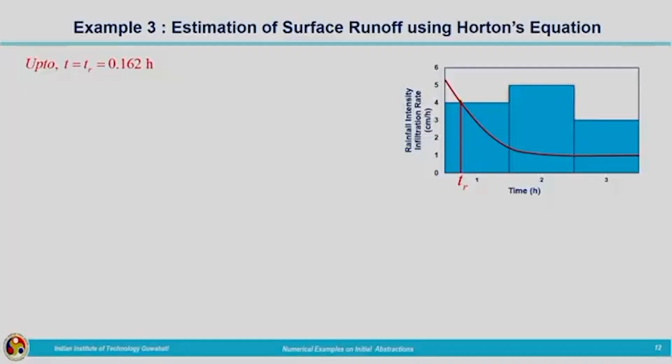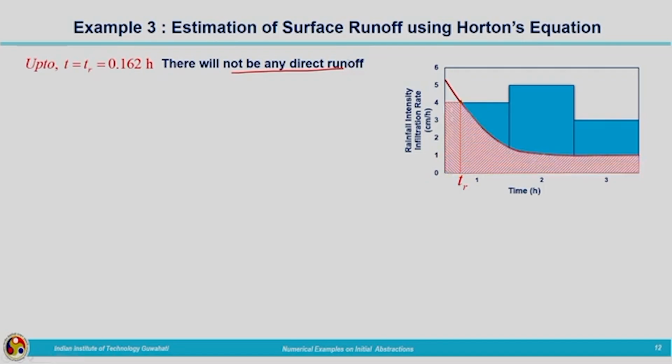So, up to T equal to TR, that is 0.162 hours, there will not be any direct runoff. That I am showing by means of hashed areas. So, up to T equal to TR, whatever rainfall is occurring has been lost as abstractions.